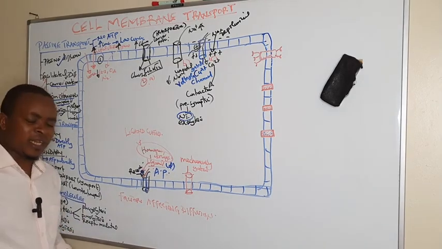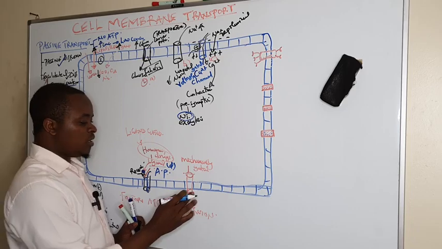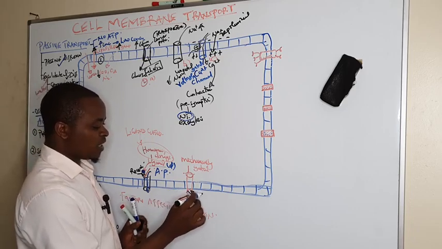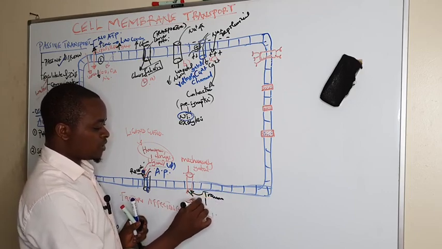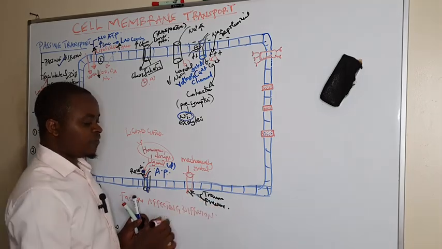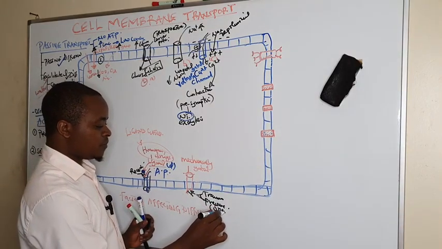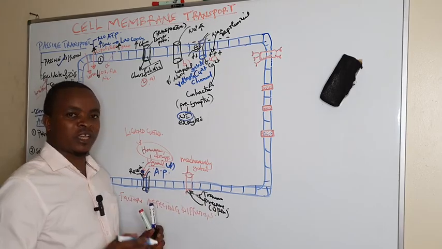So mechanically gated channels are stimulated to open the gate due to presence of mechanical substances like trauma, like pressure, increase in pressure, and any other physical substance which triggers them to open. And when they open, they enable transmission of the impulse.